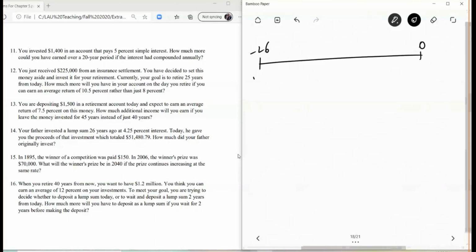We don't know how much money was invested here. That investment was made at an interest rate R equal to 4.25%. Today he gave you the proceeds of that investment, which totaled 51,480.79. So this is FV.